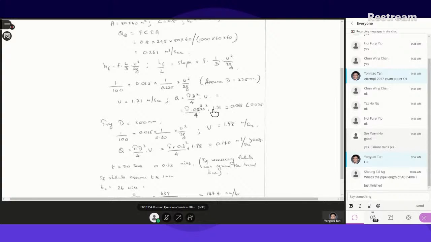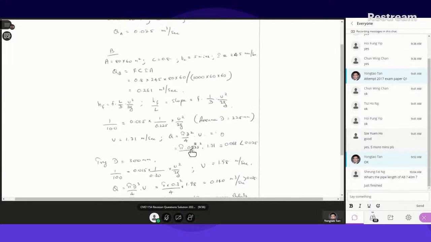Because the flow in the pipe AB is actually the flow into pit A. So after getting the capacity, you can see the capacity of the pipe AB is 0.068.